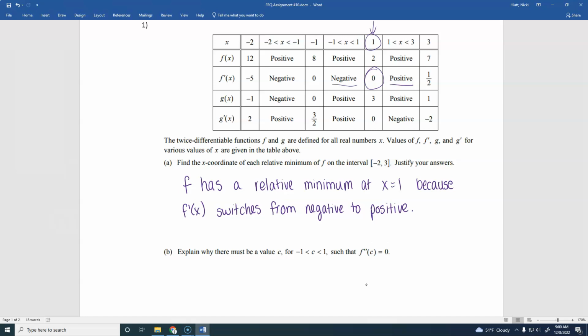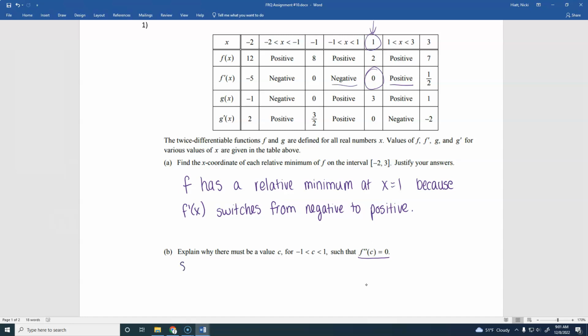Do we care about f double prime? Just f. So for mean value theorem, normally we're dealing with f, so normally f has to be continuous and differentiable. And then that tells us a conclusion about f prime, but we don't have to really know anything about f prime. We have to prove it about f. So here, our conclusion is about f double prime, which means we have to show that mean value theorem applies to the function above f double prime, which is f prime.